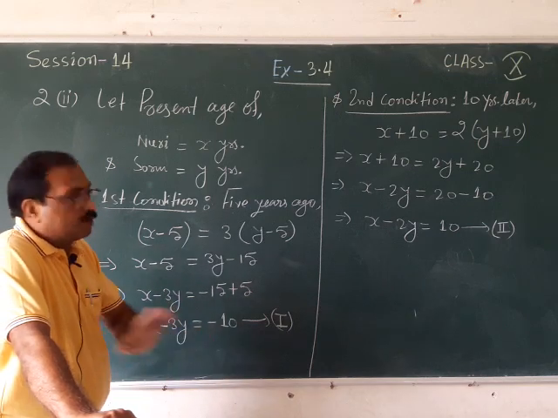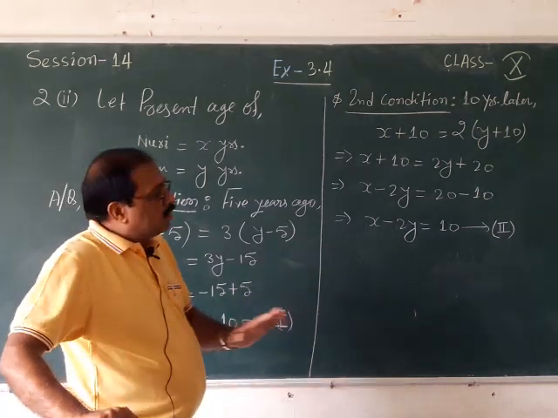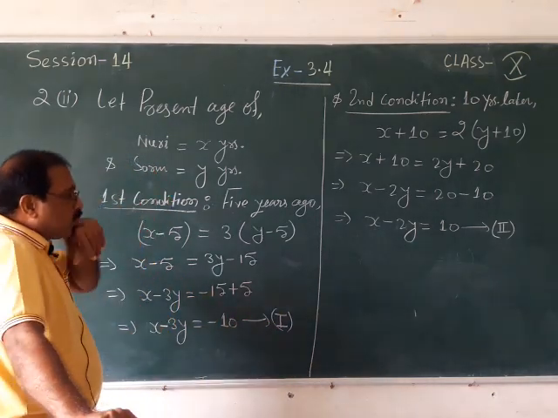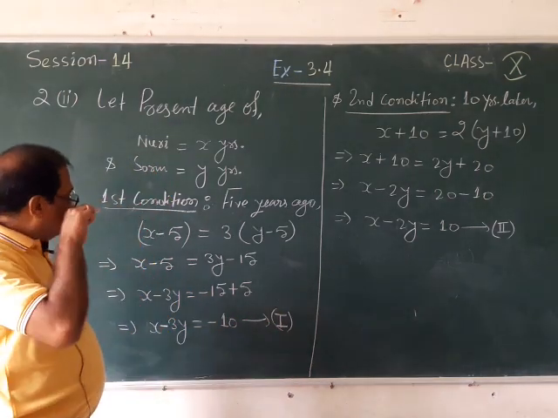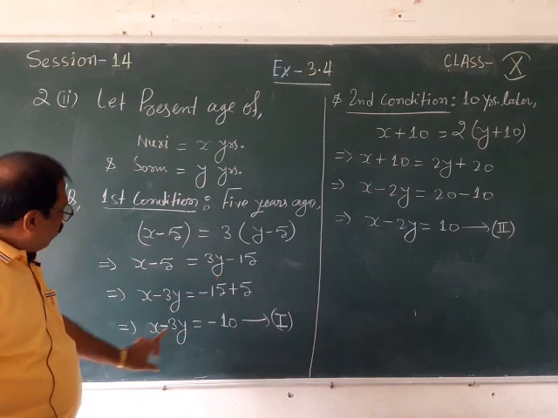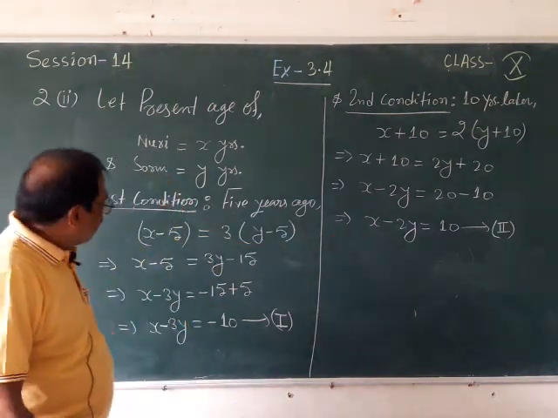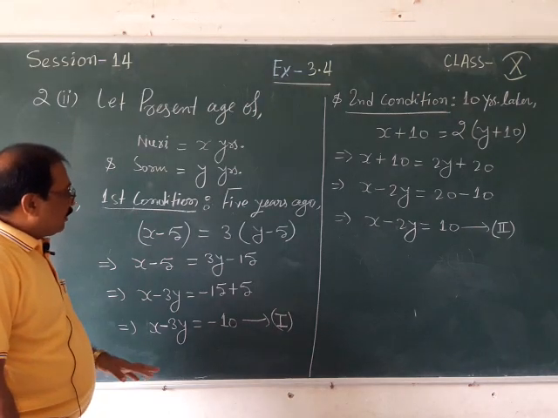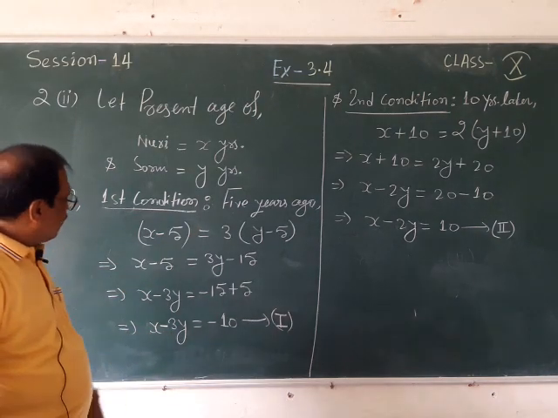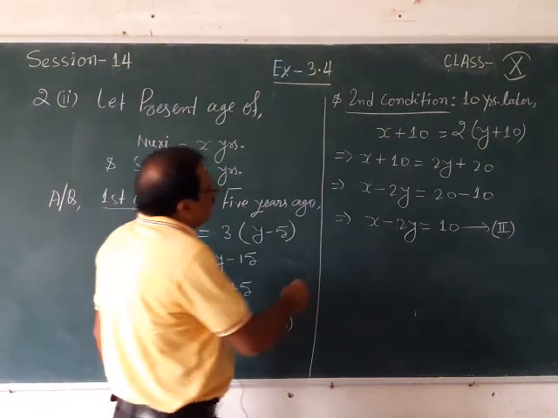So a1 by a2 does not equal b1 by b2. So there is a solution of this equation. We can solve it. Now how to solve? We can see that the coefficient of x is 1 and the coefficient of x is also 1. So just directly I can subtract equation number first from second or second from first.